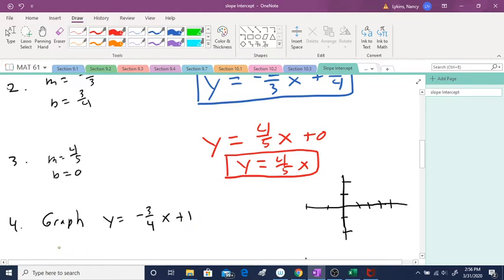So you can come out here and say, okay, m is negative 3/4, my b is 1, so b is my starting point at 1. B is the y-intercept, so it starts on the y-axis. So I'm either going to go up or down. Since 1 is positive, my first point is 1.